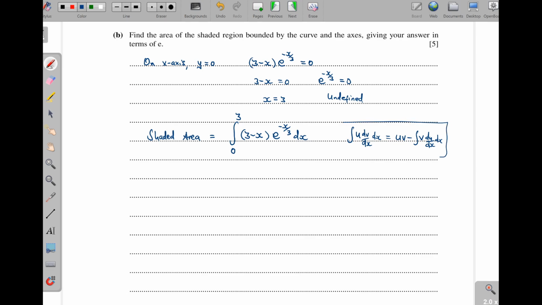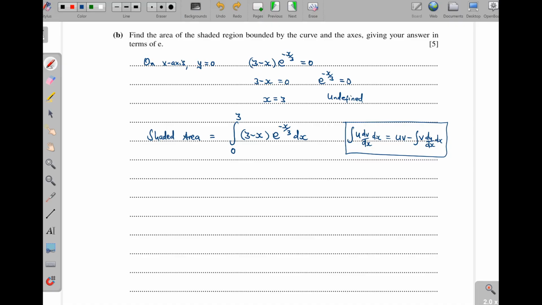So this is what we are going to use here. Now, one function has to be differentiated. You see here we are having a u, but then this side we have du dx. That means that function has to be differentiated. And then this is dv dx, but then here we are having v. That means to get the v from dv dx, you have to integrate. So one function has to be differentiated, the other one has to be integrated.